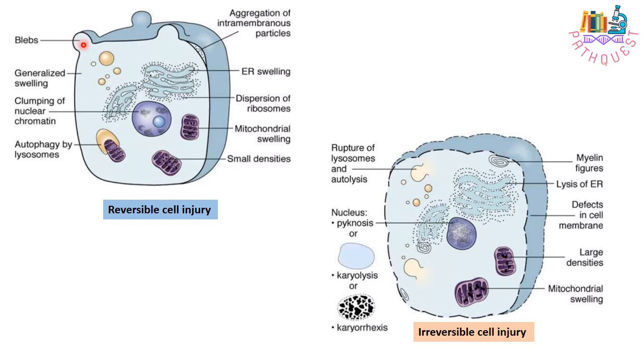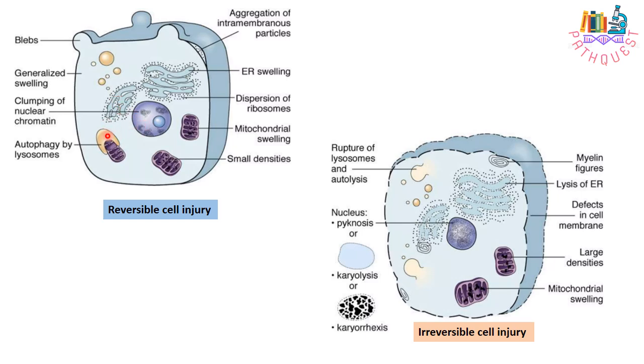So in reversible cell injury, there is just bleb formation or outpouching in the membrane and aggregation of intramembranous particles. Whereas in irreversible cell injury, there are defects in the cell membrane. In reversible cell injury, there is generalized swelling of the cell.